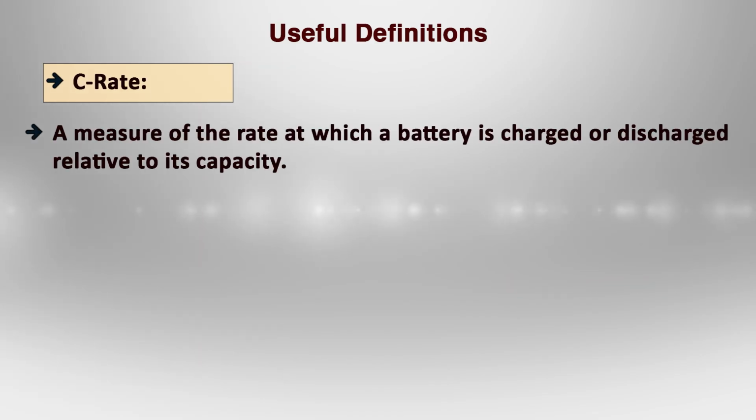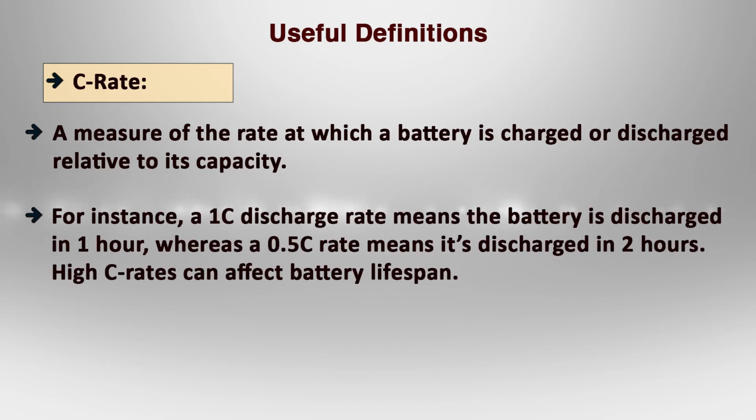The second one is the C rate, a measure of the rate at which a battery is discharged or charged relative to its capacity. For example, 1 C discharge rate means the battery is discharged in 1 hour, whereas 0.5 C rate means discharged in 2 hours. High C rate can affect the battery lifespan.